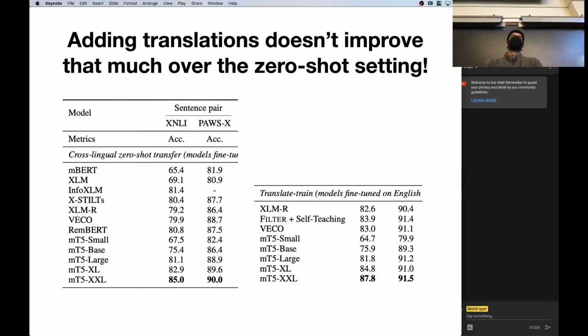Wouldn't it be more biased toward the higher resource languages in our data set? So, I don't think there's anything specifically about the byte tokenization that would make it biased towards one language. It really depends on how you're sampling the languages in your pre-training procedure. So this is very important as well.